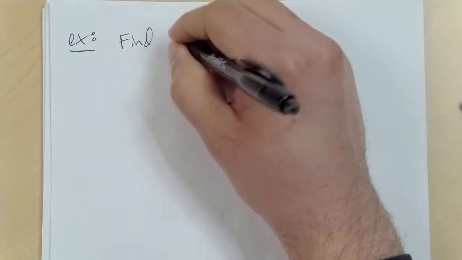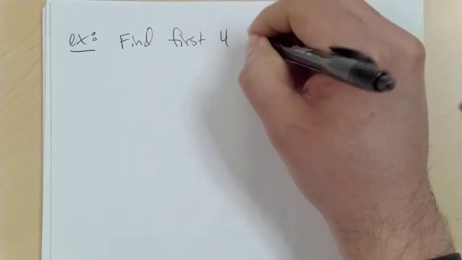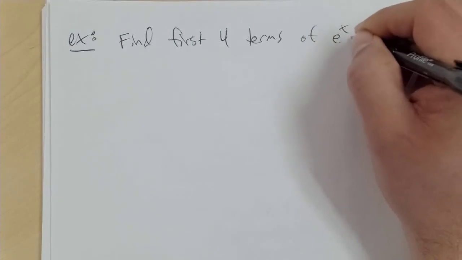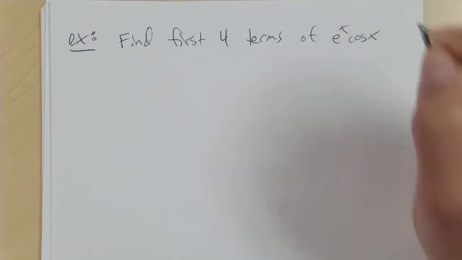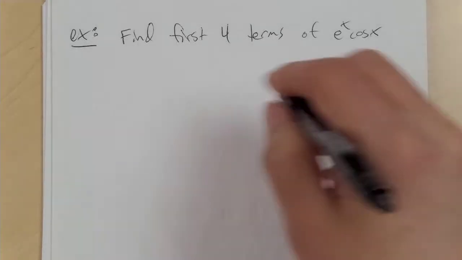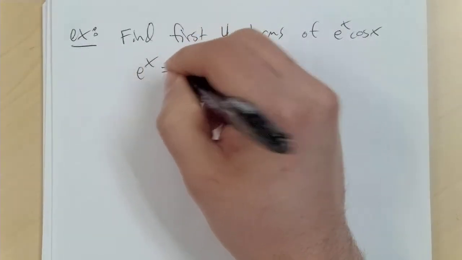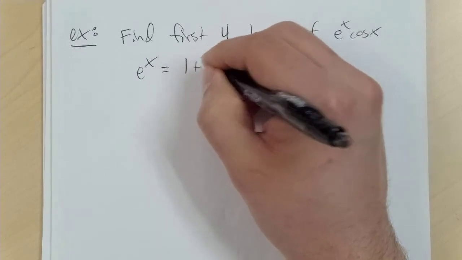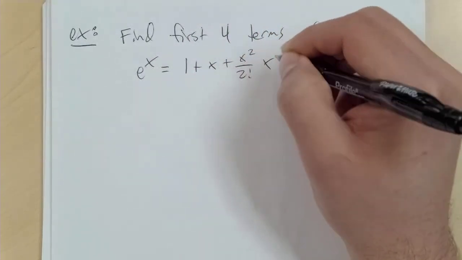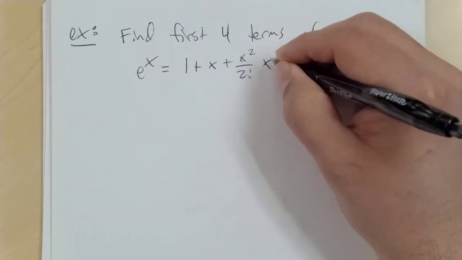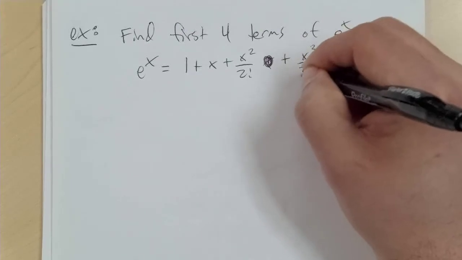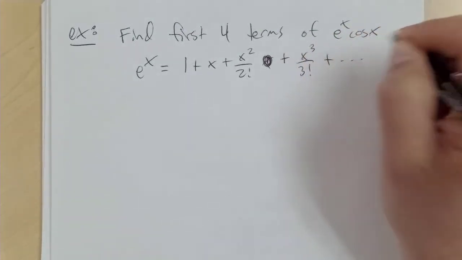Let's say I want to find the first 4 terms of e to the x times cosine x. So if we write out the series for e to the x, we know that that's 1 plus x plus x squared over 2 factorial plus x cubed over 3 factorial, and so on.